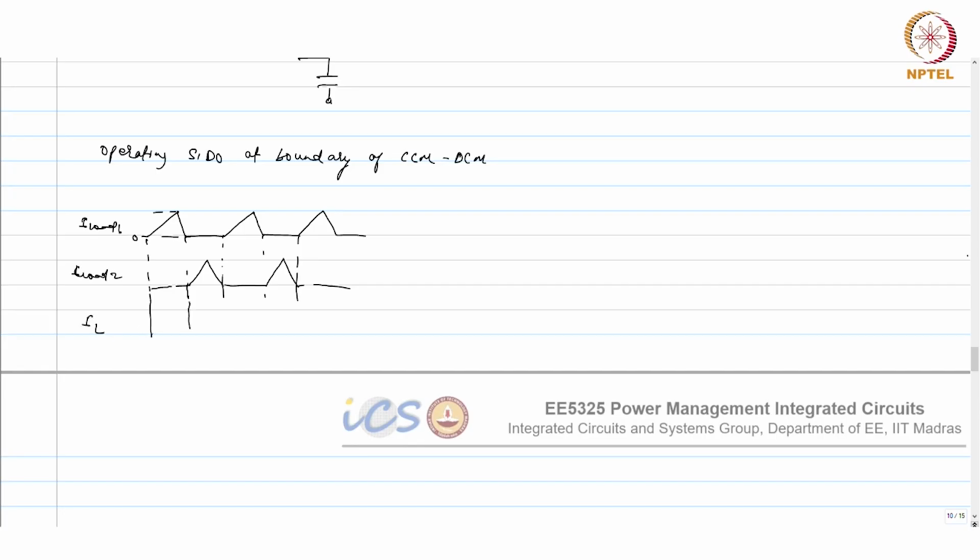So what you will see is something like this. The shape may not be perfect, but you get an idea that it will go to 0 and it will reach whatever the peak current is.